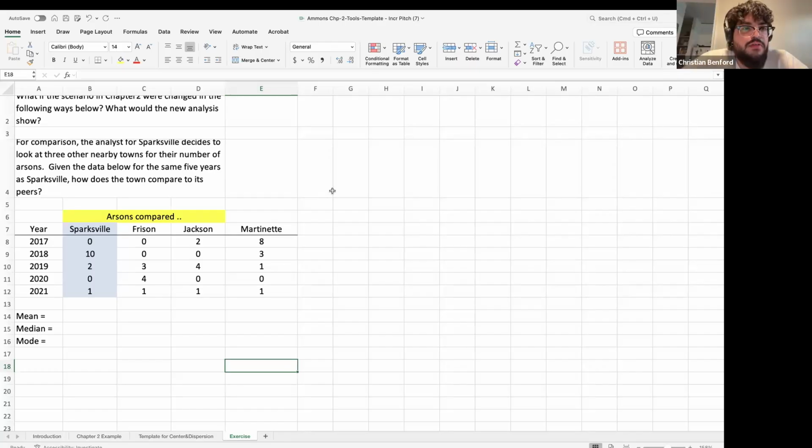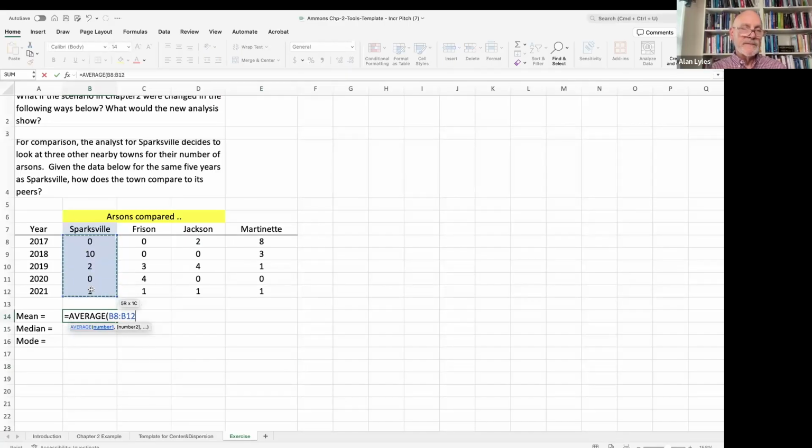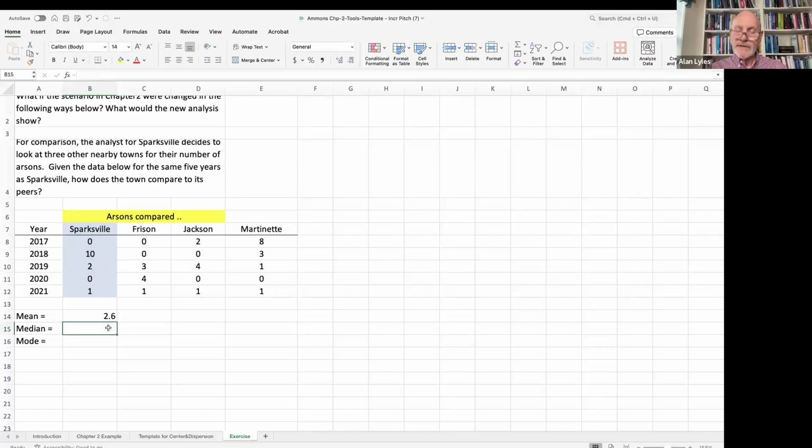Calculate each of their mean, median, and modes, or measures of central tendency. Bingo. Let's do it. Equals, well, here it's average.